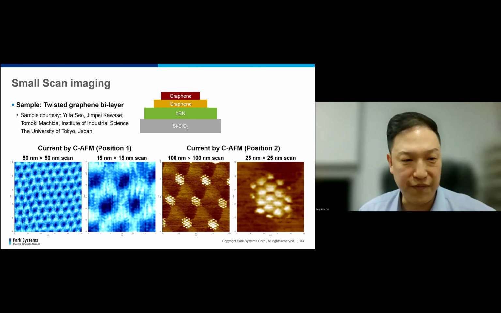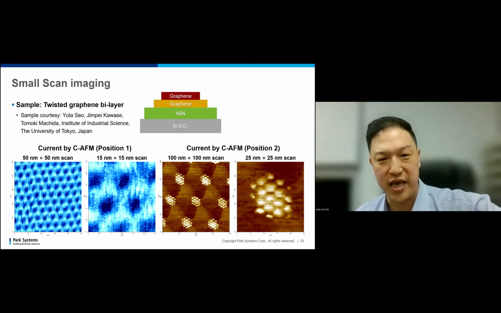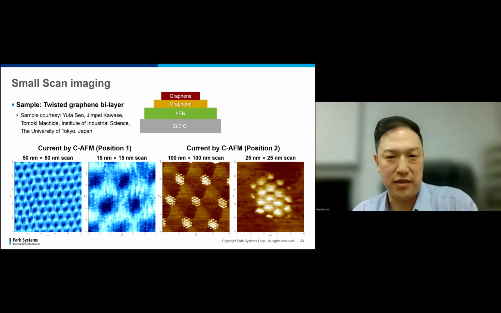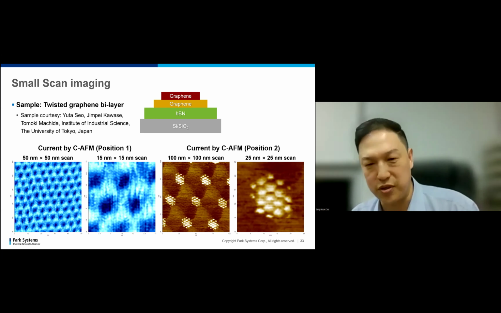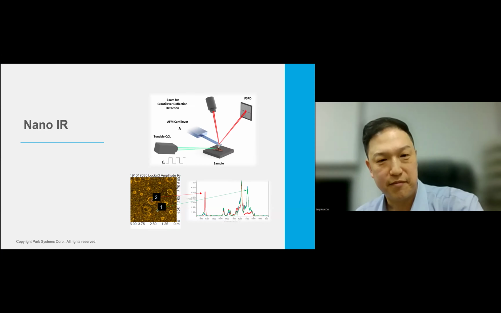This is a 50 nanometer by 50 nanometer scan, and a 15 nanometer by 15 nanometer scan. You can see how the Moiré patterns and shapes differ, and different angles show different patterns.